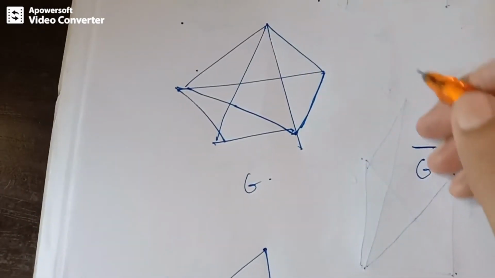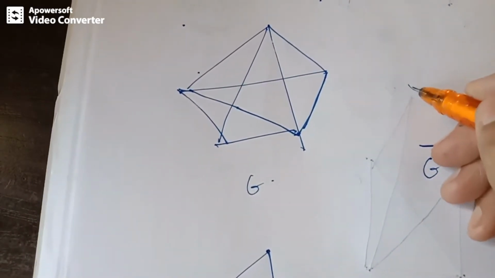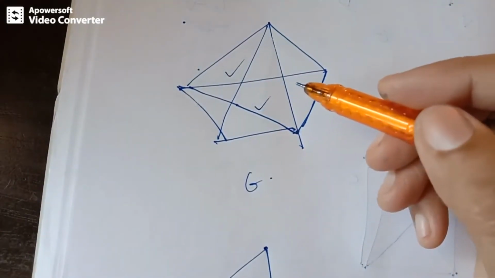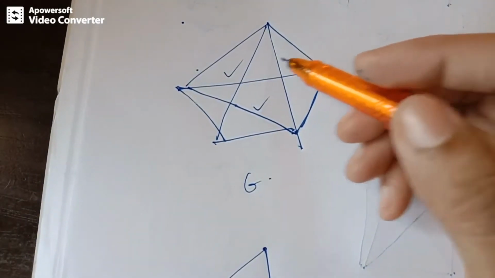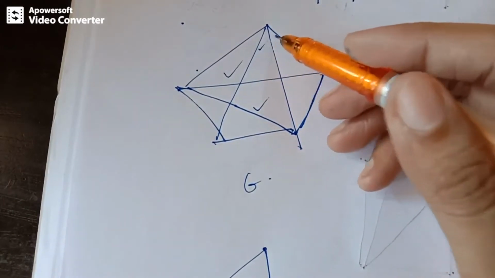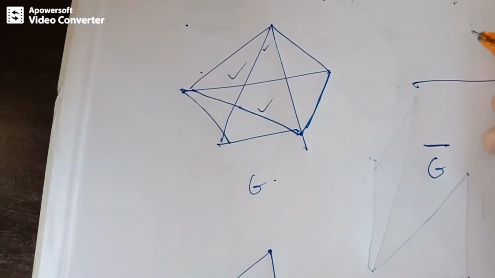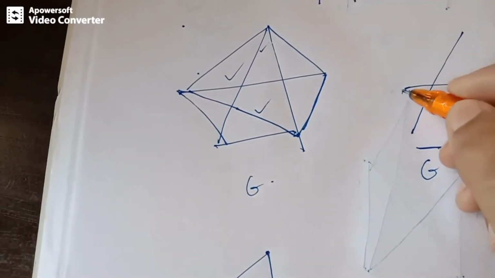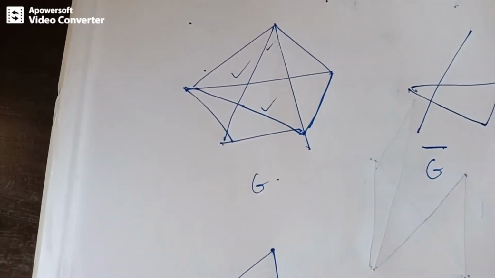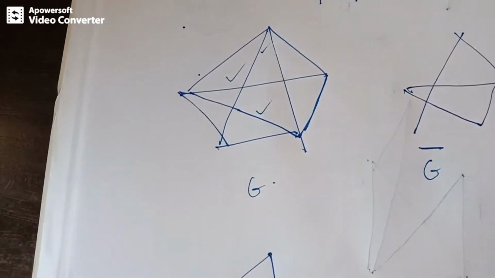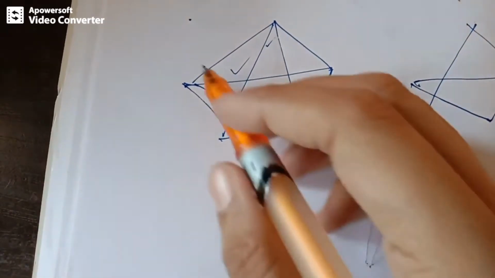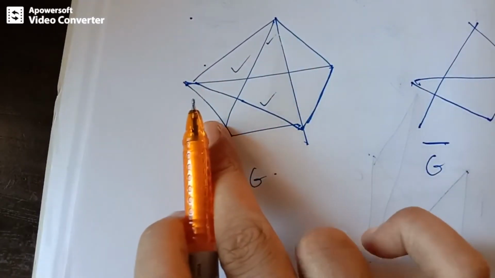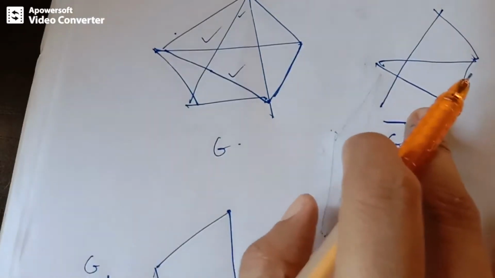So which are the rest of the edges that we have to include is this one, right, and this one too, plus this one, this edge, and all other edges like this. So I am not including this particular edge. Rest all the edges are included in the G complement.